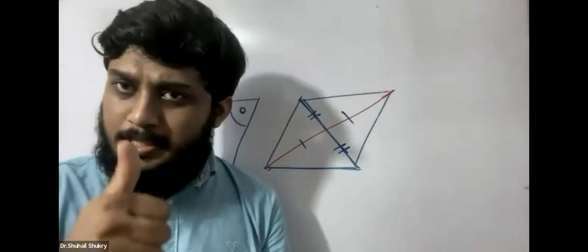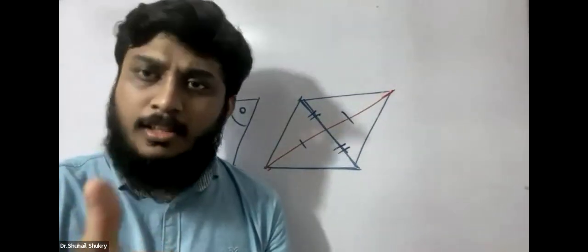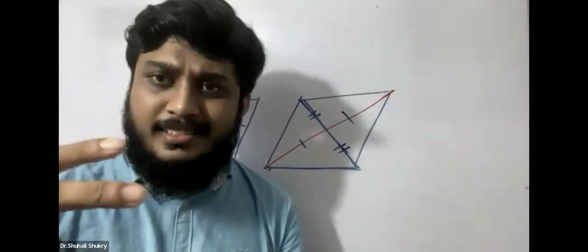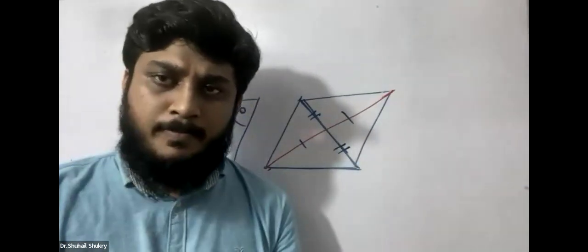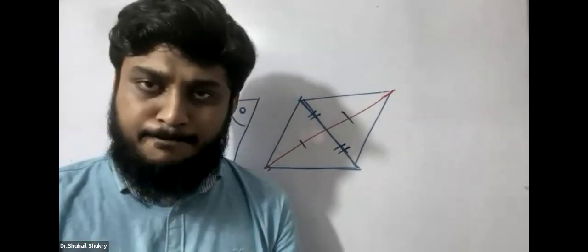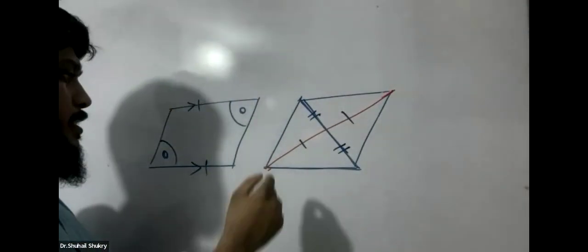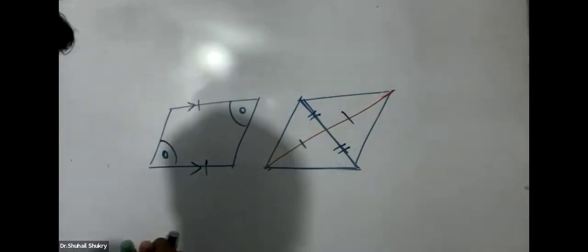So we know 3 rules. Opposite sides are equal and parallel. Opposite angles are equal. Diagonals bisect each other. So these are the 3 things we got here. Then number 4, the last one. I'll draw it in this itself.